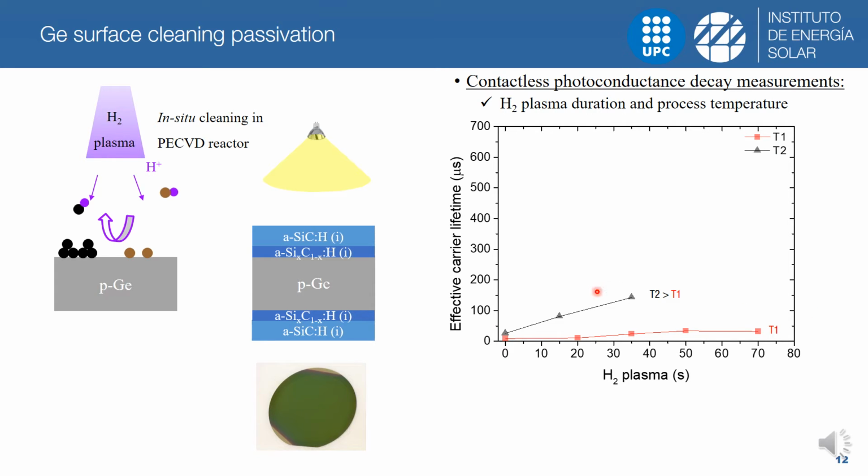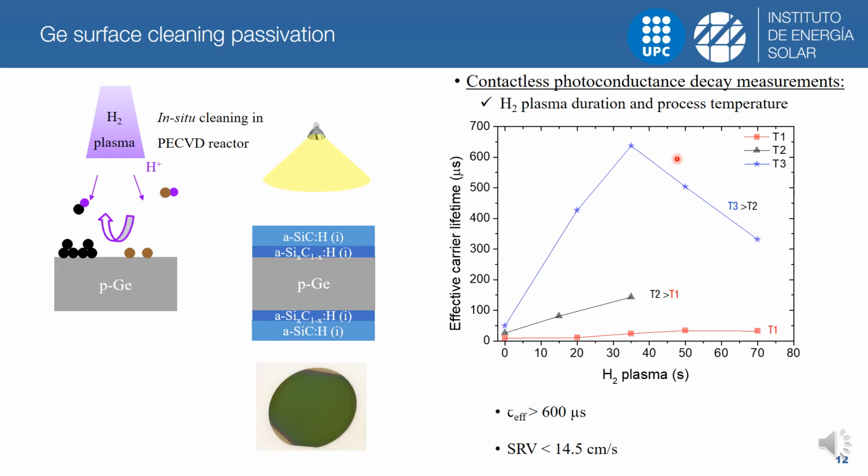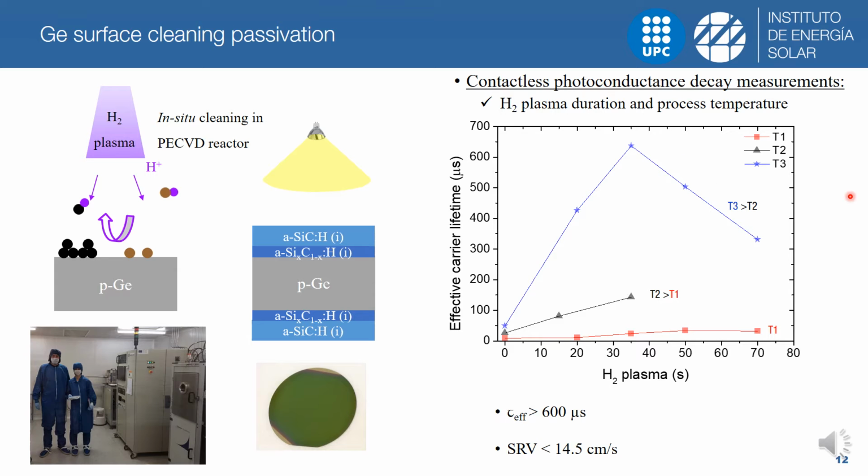In the case of increasing the temperature, the impact of the hydrogen plasma cleaning duration is enhanced, and the most drastic increase in effective carrier lifetime is achieved for the highest temperature deposition, T3, in which effective lifetimes higher than 600 microseconds were achieved, which corresponds to an upper limit for the surface recombination velocity of less than 15 centimeters per second.